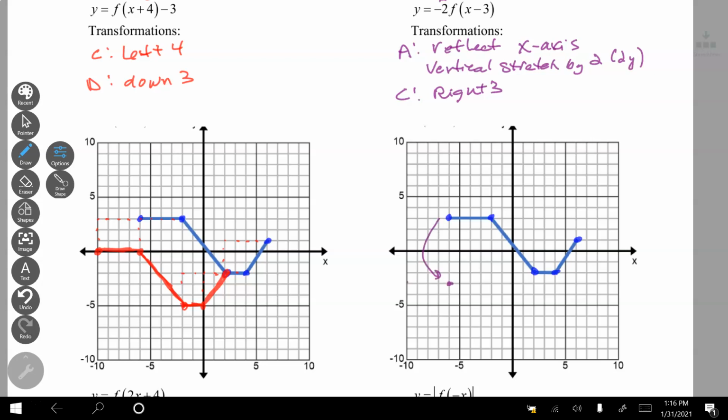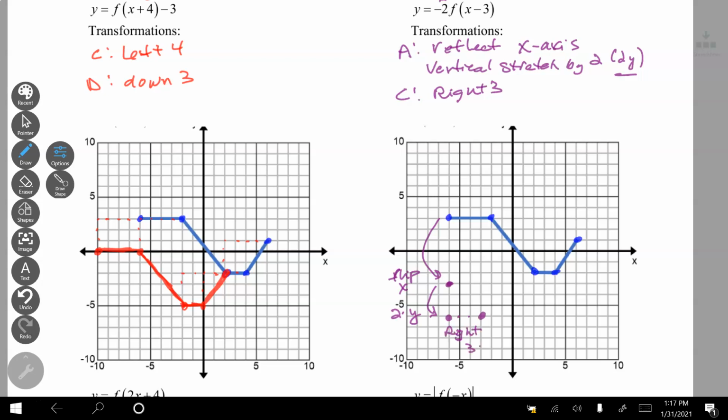See? That's my flip over the x-axis. And then I'm going to take this y value, negative 3, and multiply by 2. It's going to be at negative 6. This is 2 times the y value. And the last thing I'm going to do is move it right 3. 1, 2, 3. And there's my new dot.